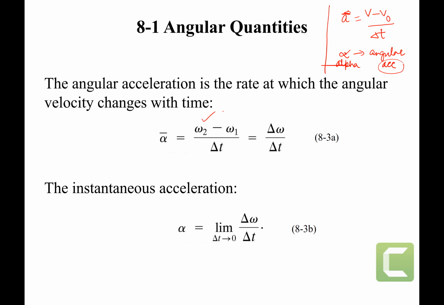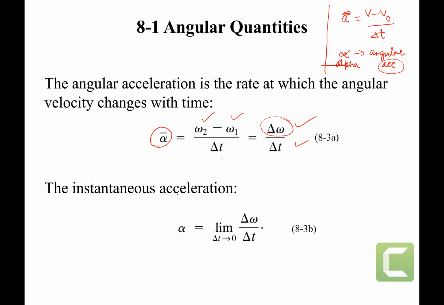We are still using change in velocity over time, but this time we are not using linear velocity. We are using final angular velocity minus initial angular velocity divided by time. Therefore, I get change in angular velocity over time as angular acceleration, right?